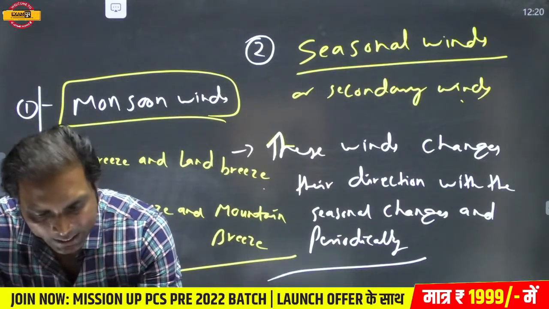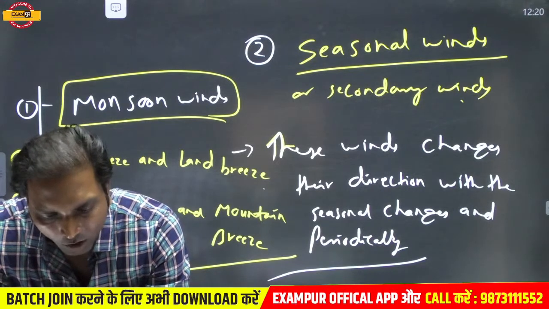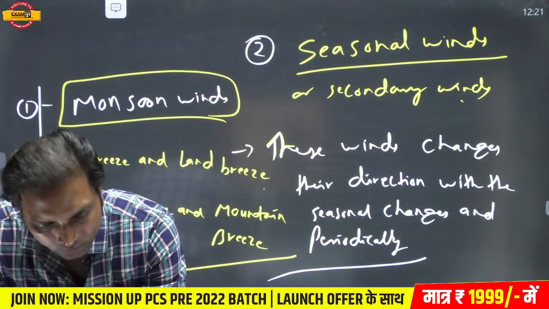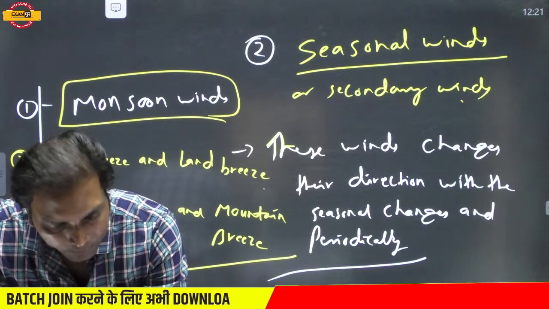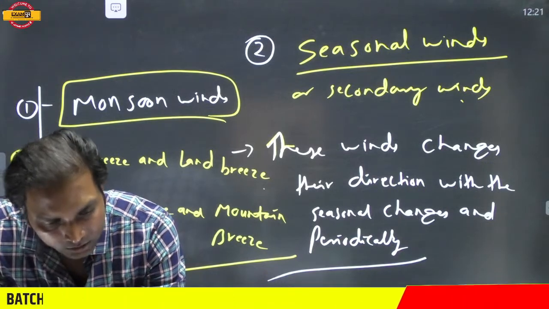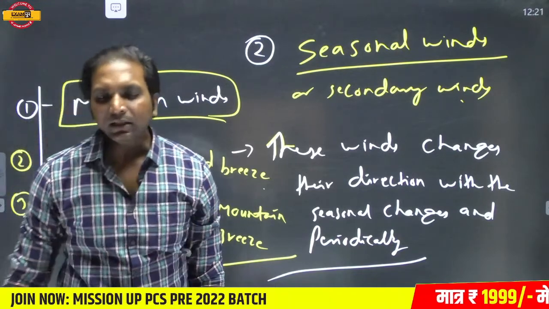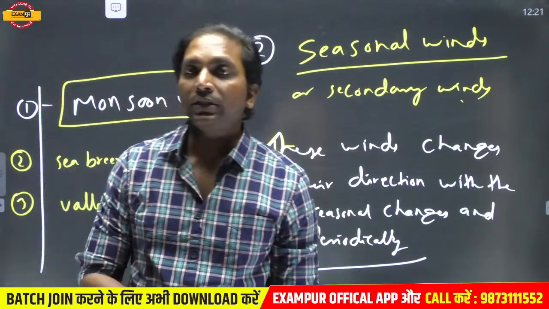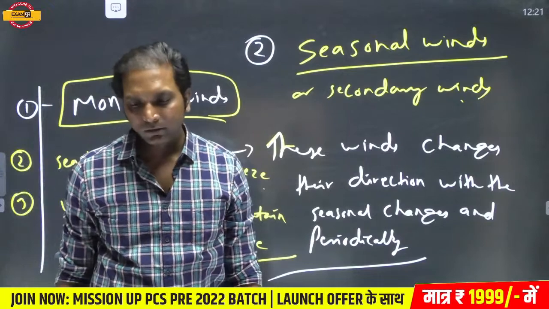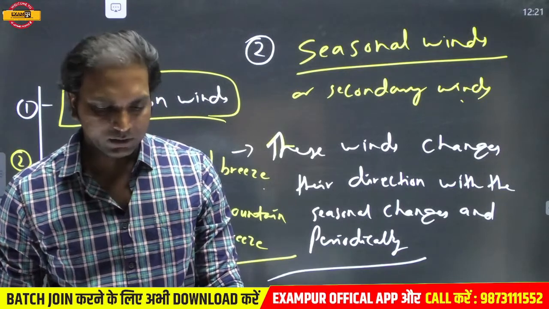One more point I want to add here. The Asiatic monsoon is the result of the interaction of both the planetary wind system and regional factors, both at the surface and in the upper tropospheric region.